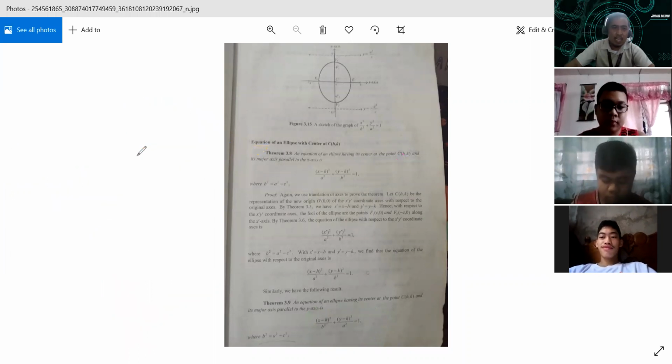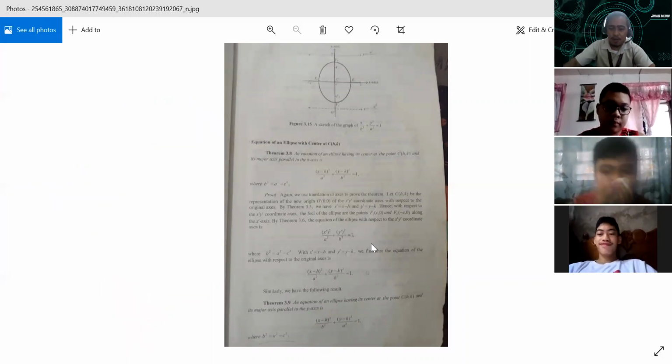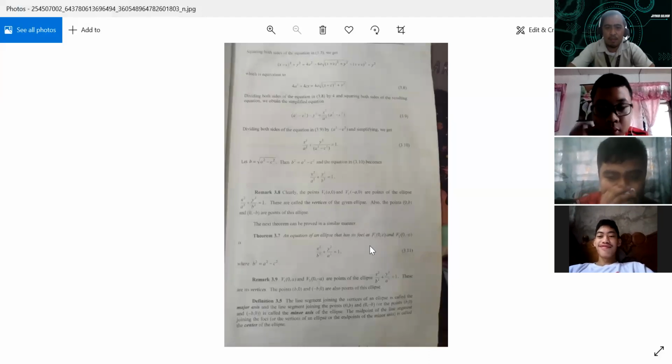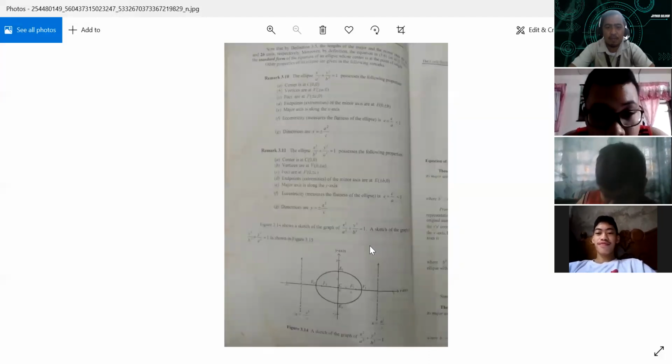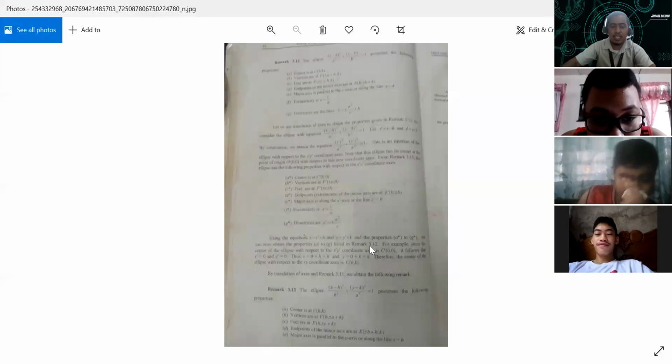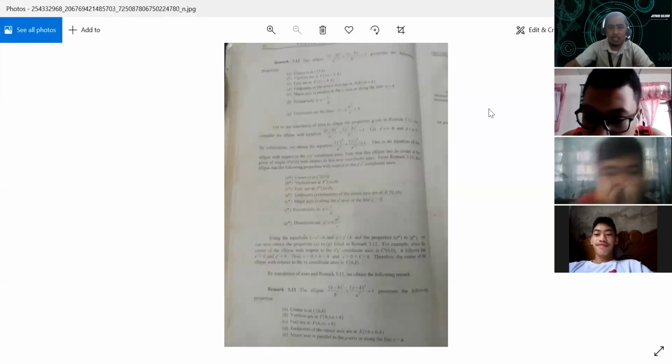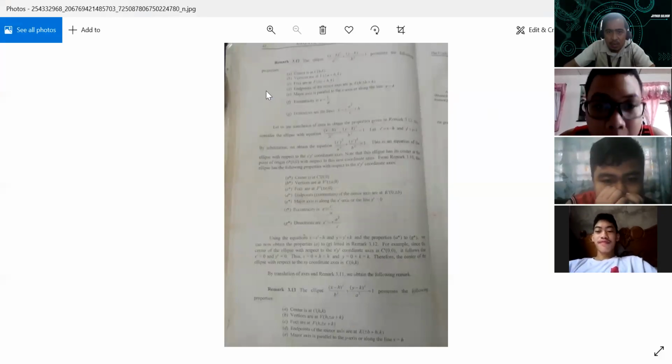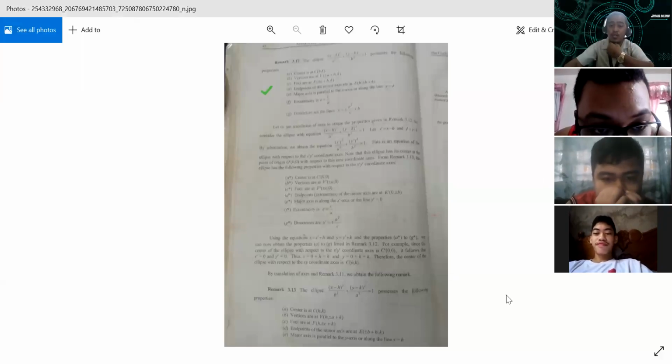Wala man tingali. Another thing, before I continue, there is also a theorem. If the center is not at the origin, this is the theorem that you are going to remember. I will also be sending this in your group chat.